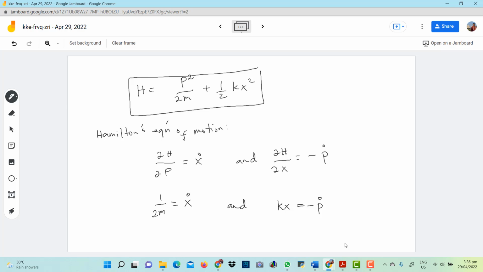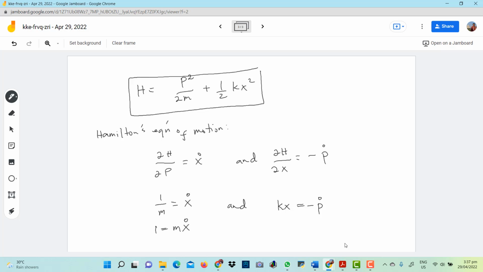So therefore, if I derive it with respect to momentum p, what you will get is only 1 over m.